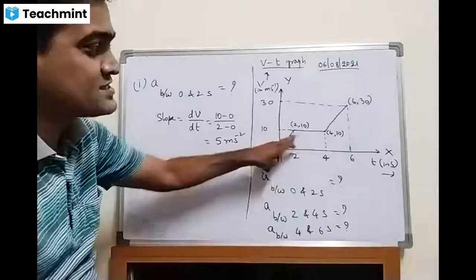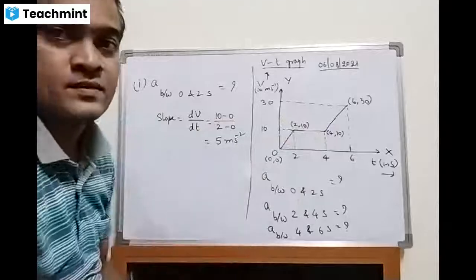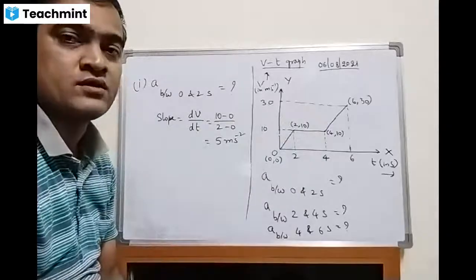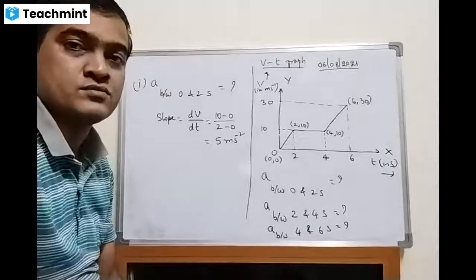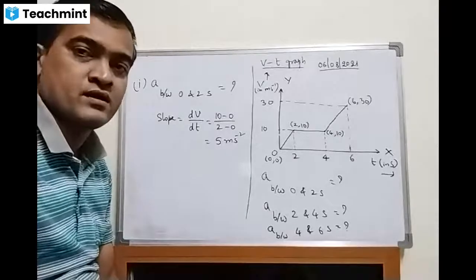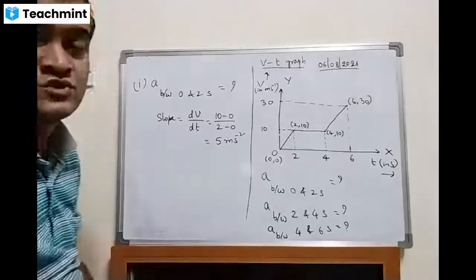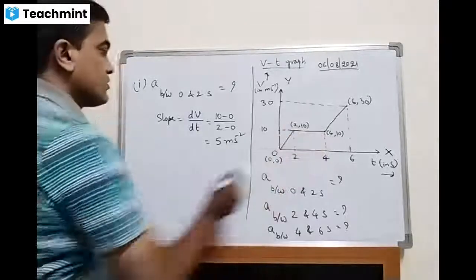Now, what does this graph represent? What is this horizontal line? It is parallel to the x-axis. Which graph will it come under? First graph, where slope is equal to 0.